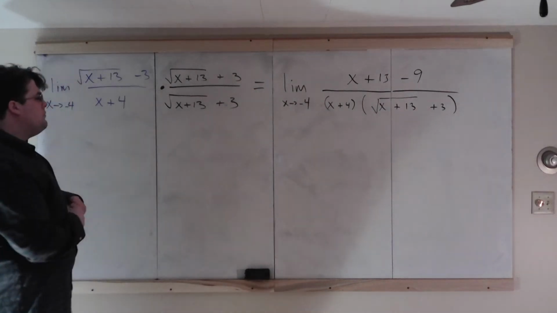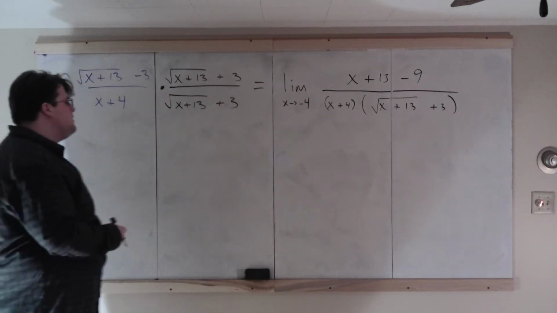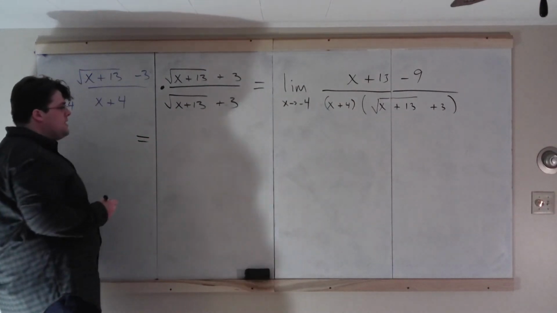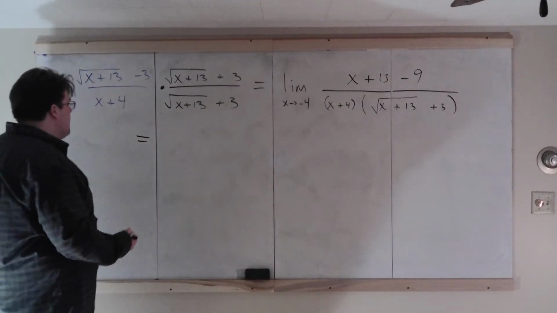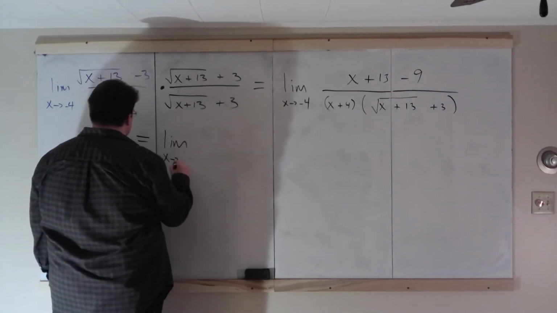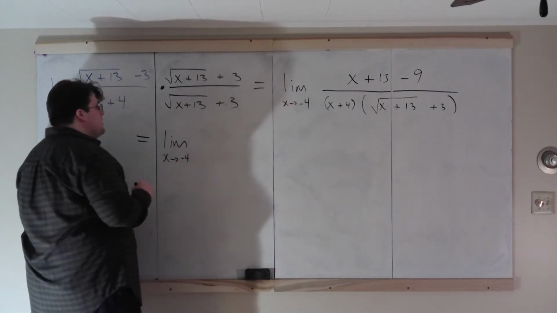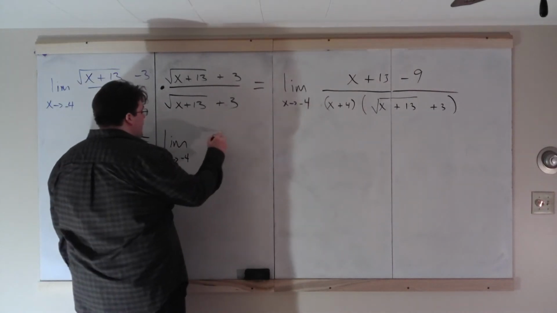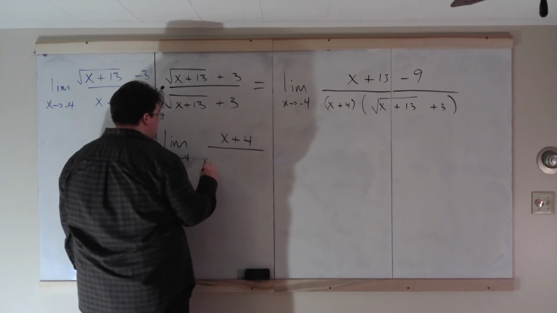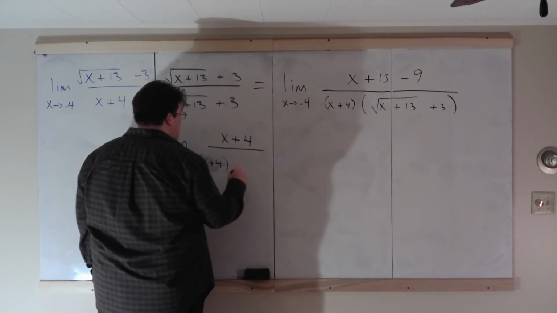Well, that's great. What do we have now? Sometimes these take a lot of writing, and sometimes I skip over this next step, but for the first example, I'll write this next step. That numerator, what does that simplify to? Well, 13 minus 9 is 4, so we have just x plus 4 on top, and again, we'll leave the bottom alone.